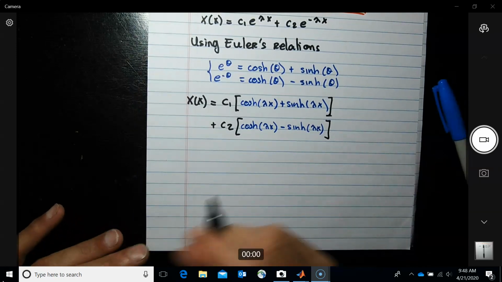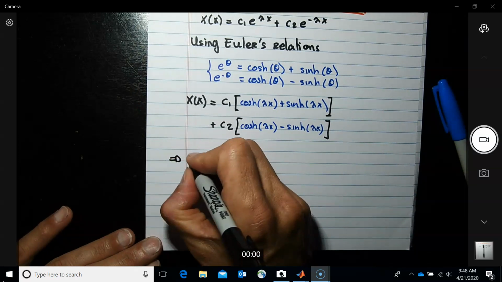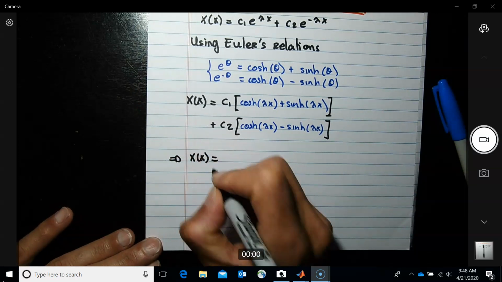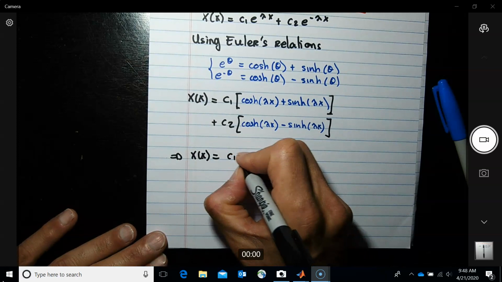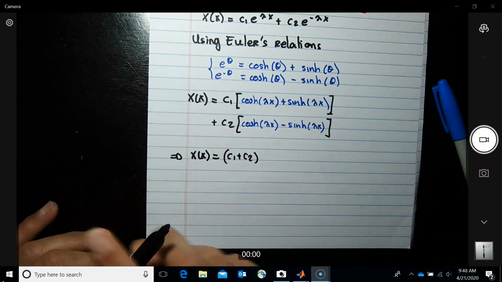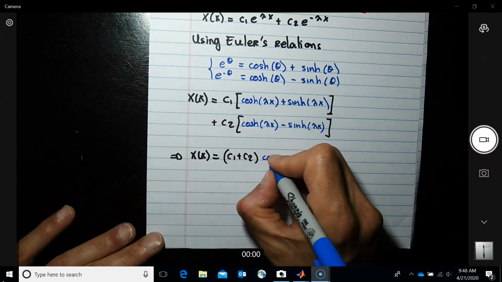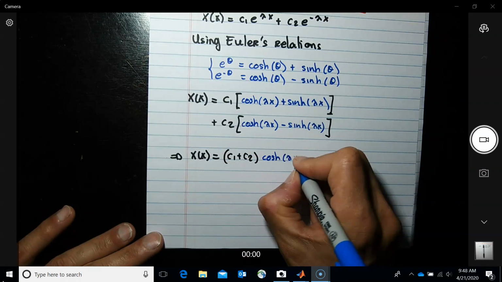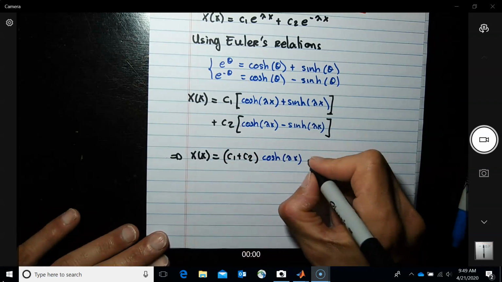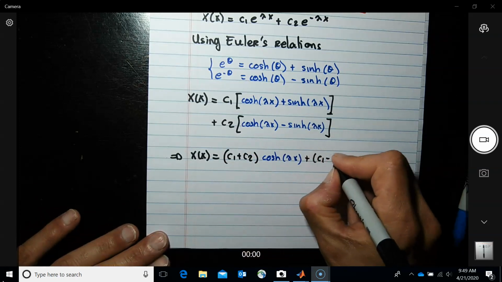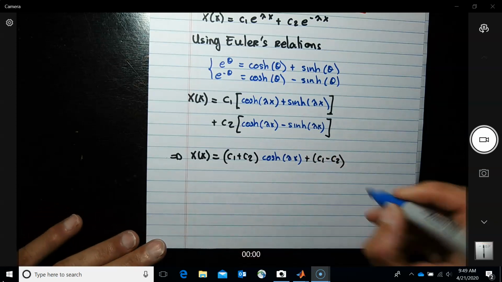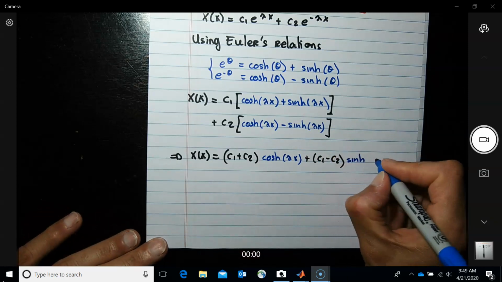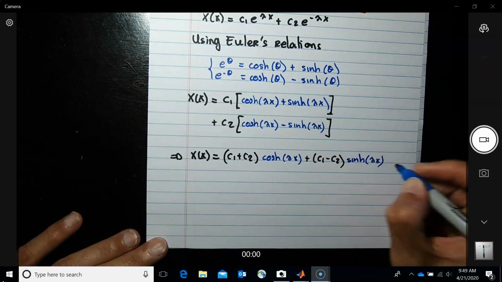So this will give you that the solution, after some algebra, will be equal to c1 plus c2 times cosh lambda x plus c1 minus c2 times sinh lambda x.